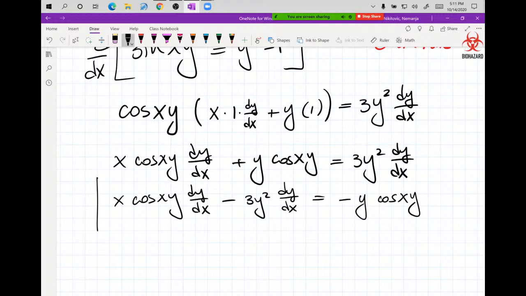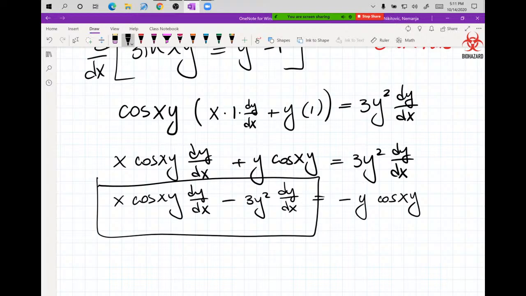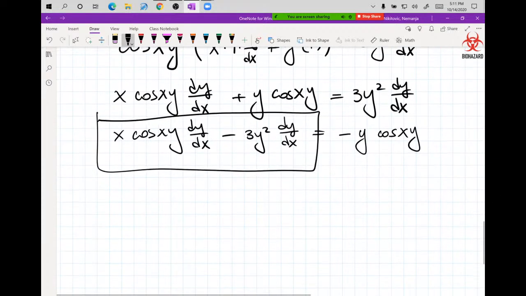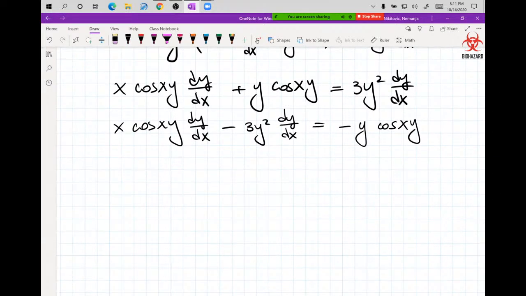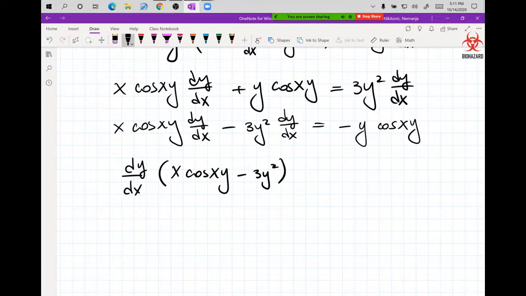Can anyone tell me what was the reason to put them on the same side? So you can factor out, beautiful, dy dx. Excellent. We factor out dy dx. It leaves this other mess in parentheses.